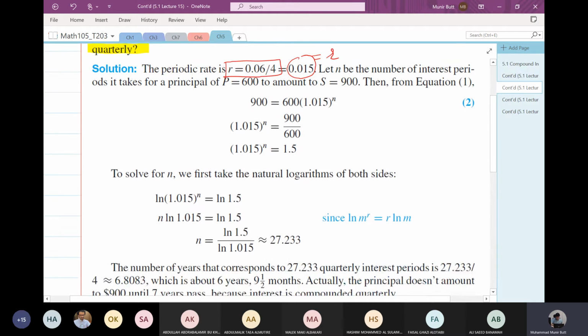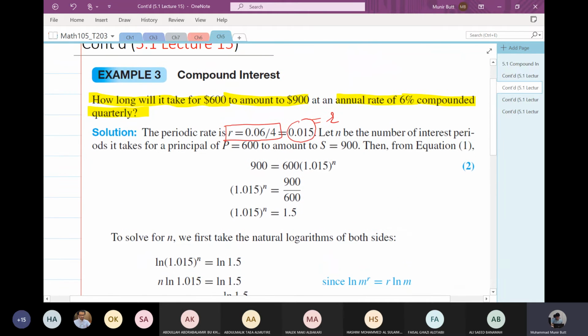So I think everything is clear. Here, what is the principal amount? 600. And after some period, we don't know, the amount will be $900, and we are given the interest rate 6% annually. So we divide 6% by 4 to get the quarterly interest. It is 0.015.